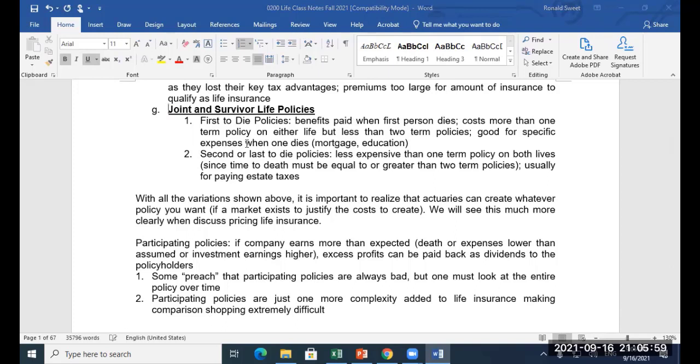All right, so we're going to talk about joint and survivor life insurance. We'll get a little bit more into it later in the class, but joint survivor life insurance can be either first to die or second to die. Essentially the insurance is on two people's lives. If it's first to die, the life insurance pays as soon as the first of those two dies. This is probably when one person has the main income, maybe they have a pension, or maybe they both have a pension and you need both pensions.